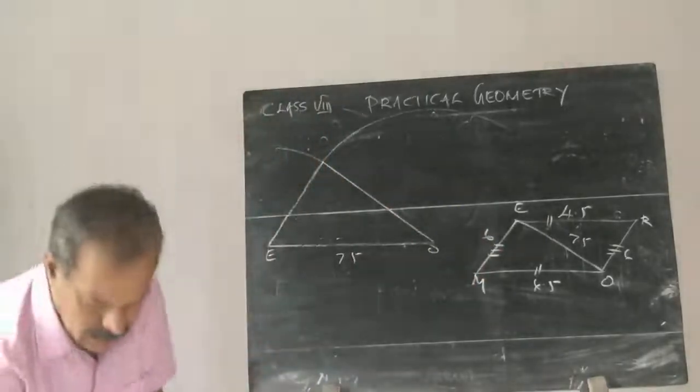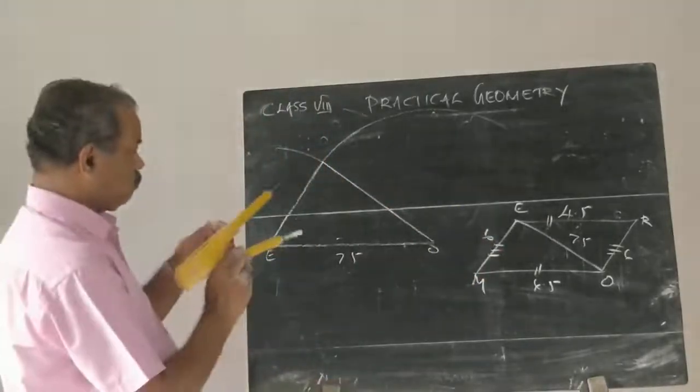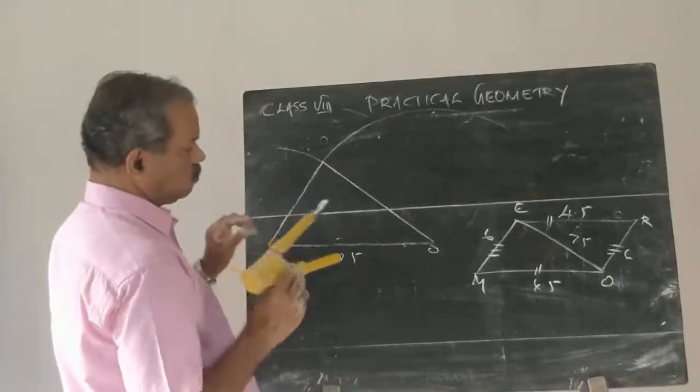Draw the second triangle here. Opposite sides are equal.